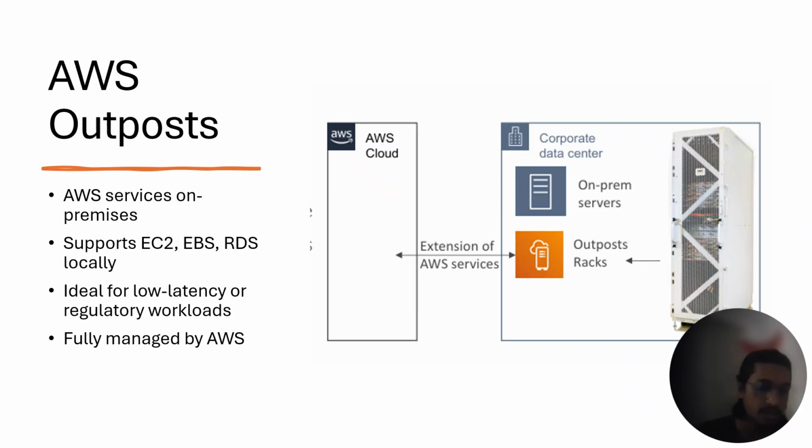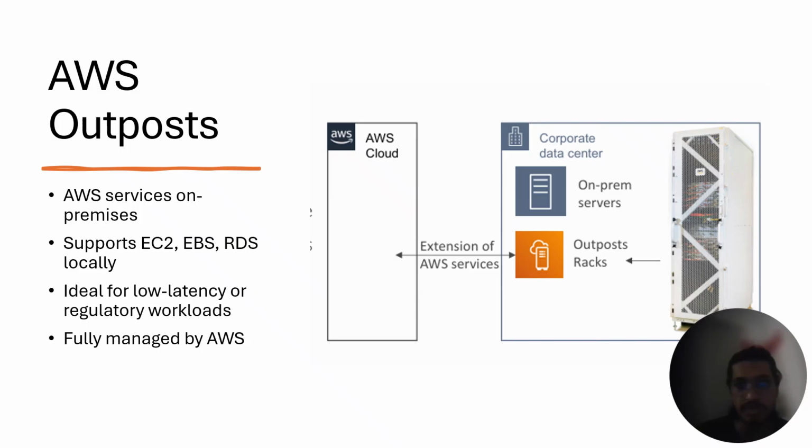Okay, AWS Outposts. AWS Outposts bring AWS hardware and services into your on-premises data center. This is perfect for industries like healthcare, manufacturing, and telecommunications that require data to be processed locally due to low latency or compliance. Outposts give you the same AWS experience but directly in your building or data center.